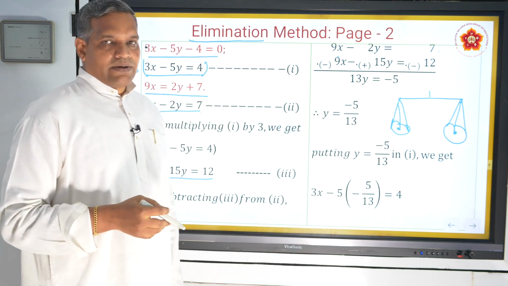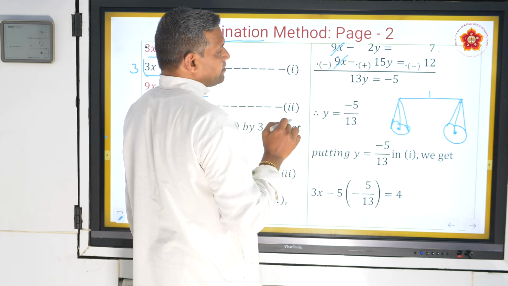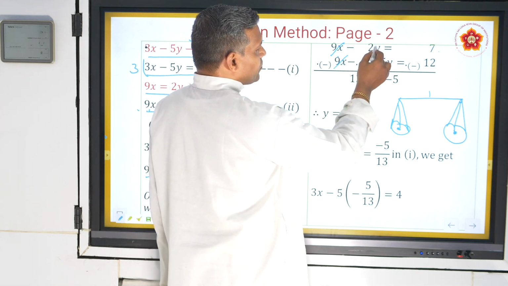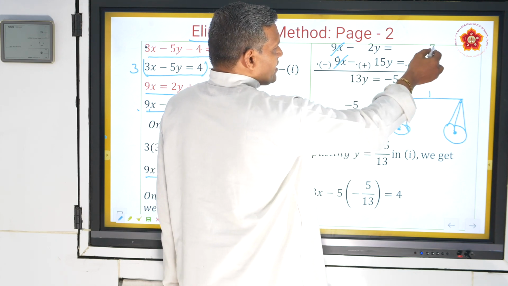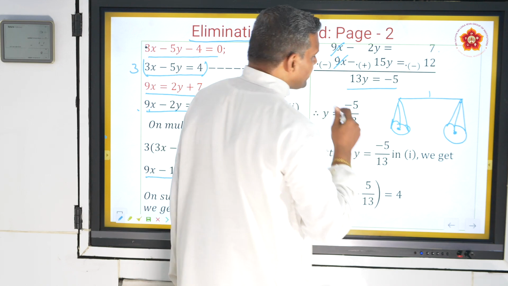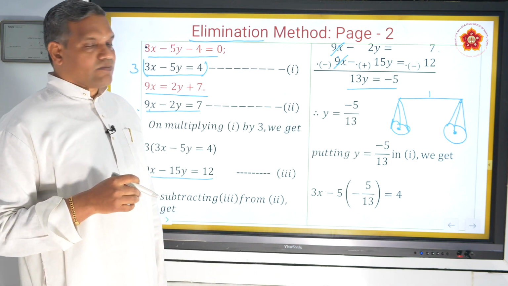Then you add. Plus 9x minus 9x cancels. Plus 15 minus 2 is plus 13. So 13y is equal to minus 12 plus 7, which is minus 5. This is where I get 13y is equal to minus 5.